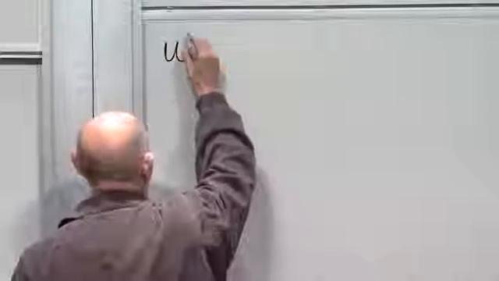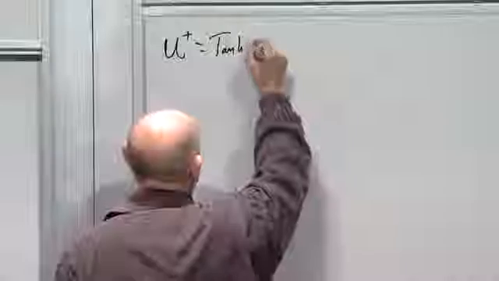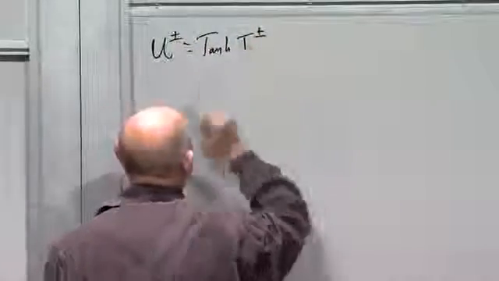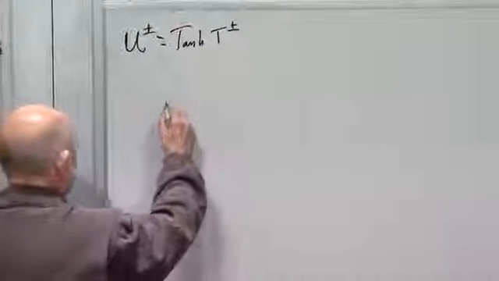I think I erased them, but let's put them back. U plus equals hyperbolic tangent of t plus, and same thing for minus. As we move out, let's redraw our picture.